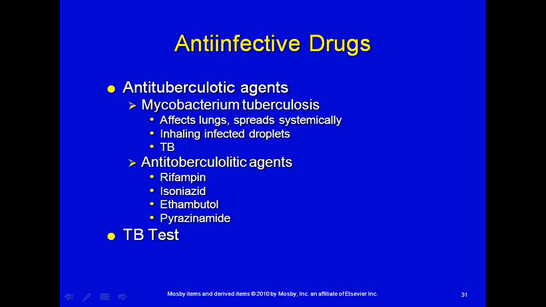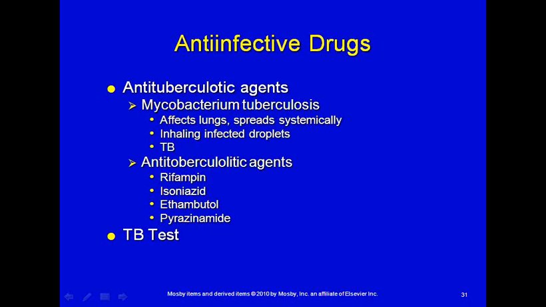Anti-tuberculotic agents are drugs used to treat tuberculosis. Tuberculosis is a mycobacterium that affects the lungs and spreads systemically throughout the body. It's caused by inhaling infected droplets of somebody with tuberculosis.